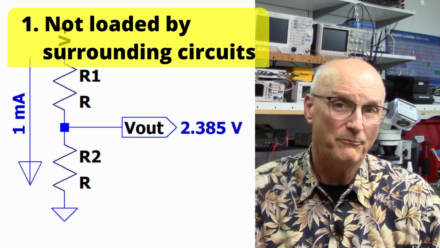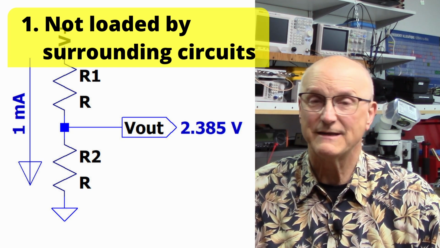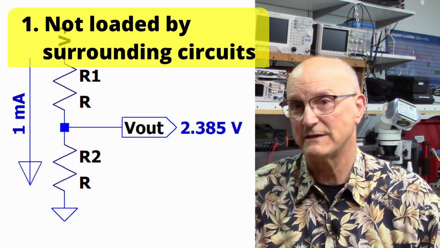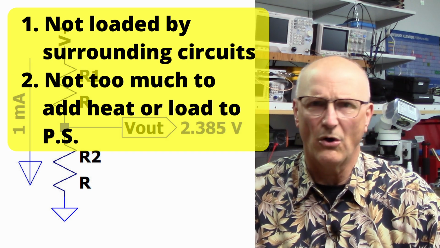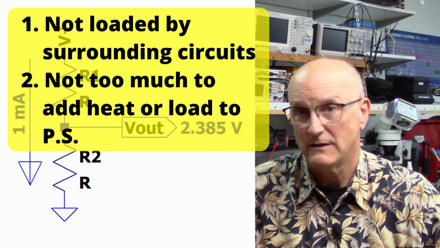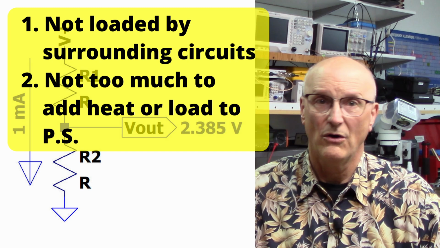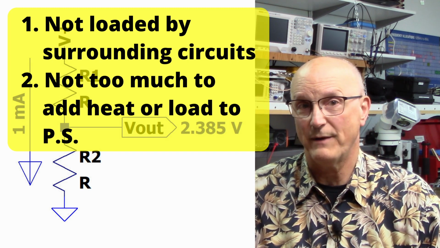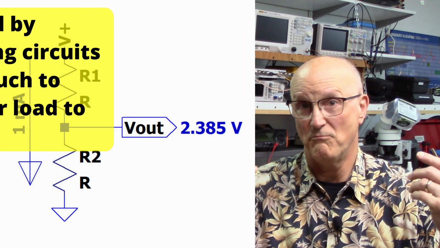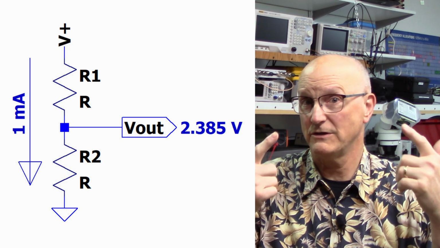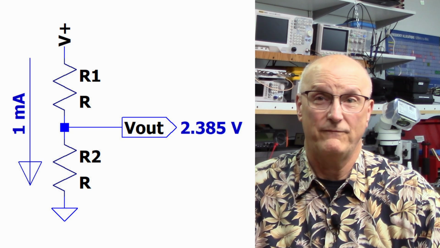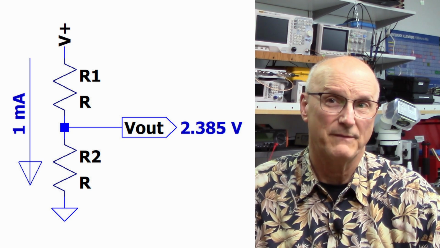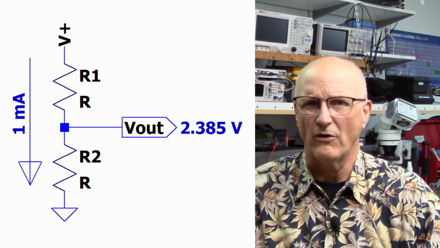The input impedance of its client is in parallel with the output resistance of the voltage divider. Second, we don't want to use too much current so as to generate more heat or add additional load to the power supply. So my personal feel-good number is 1 milliamp for this design. Now, I've used less in the past, but rarely more.